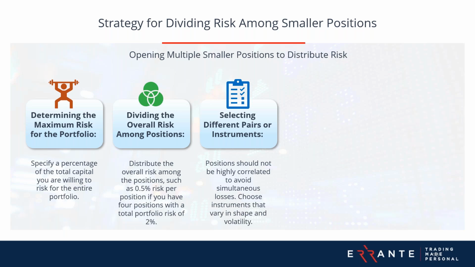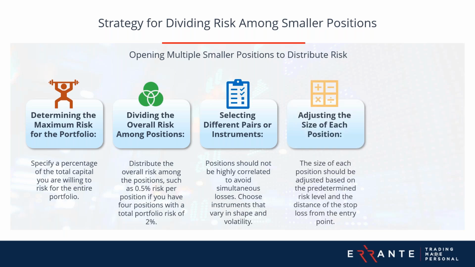Instead, selecting an instrument like, for example, AUDJPY, the Aussie yen, which has a different correlation pattern, can help us better diversify our risk. And this approach ensures that losses in one position are not amplified by similar movements in another.